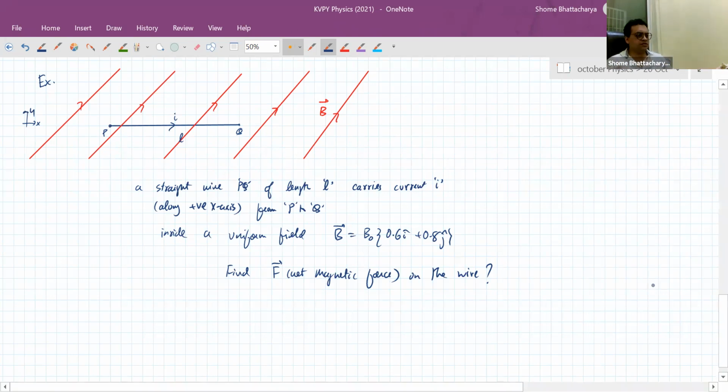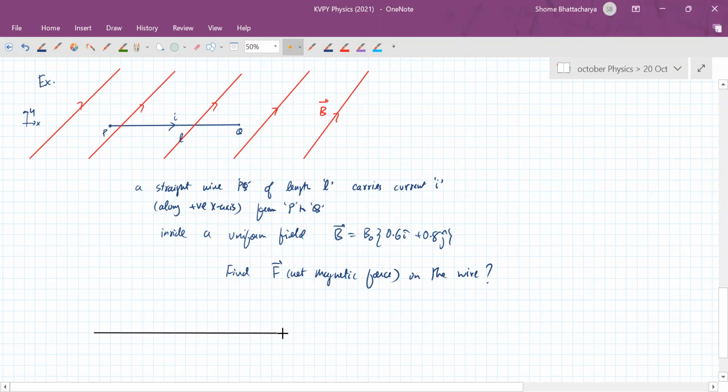Okay, so anybody got the answer for this? So here you can see that if you take any current element on the wire, what is the direction of the current element? It is along the x-axis. Yes, sir. Okay, and what is the direction of the magnetic field?